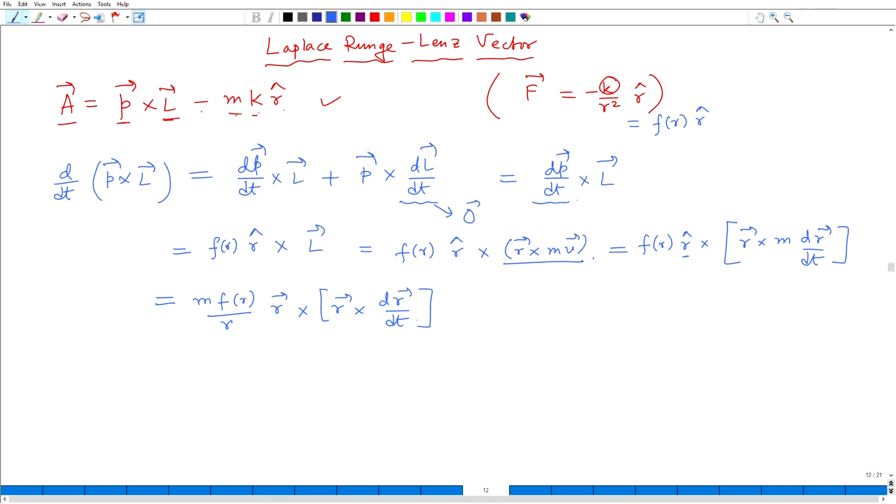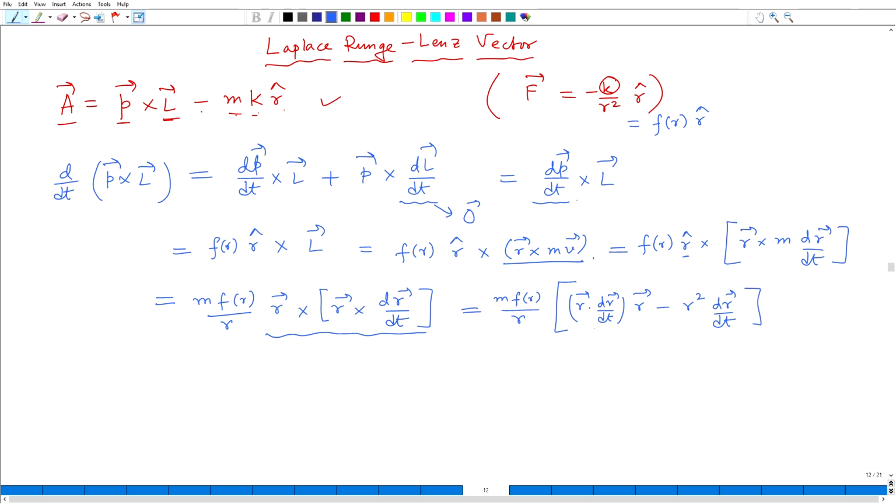For this part, this is a vector triple product, so I can use the BAC-CAB rule, as you all know: m f(r)/r, then I can first take r dot dr/dt times r minus r squared dr vector/dt.